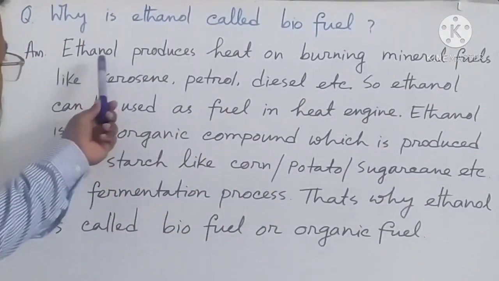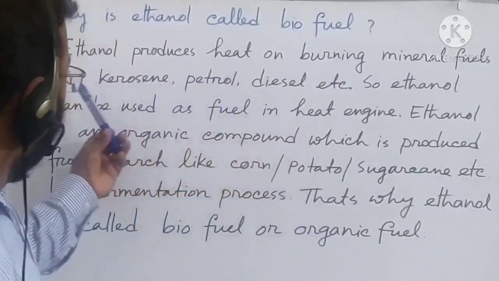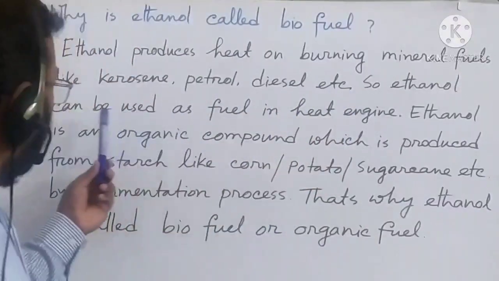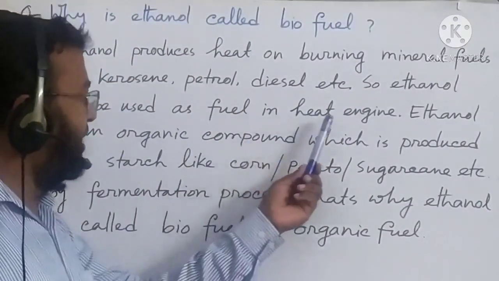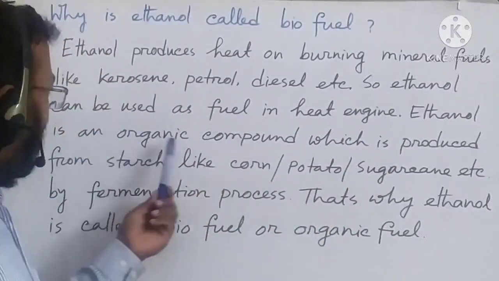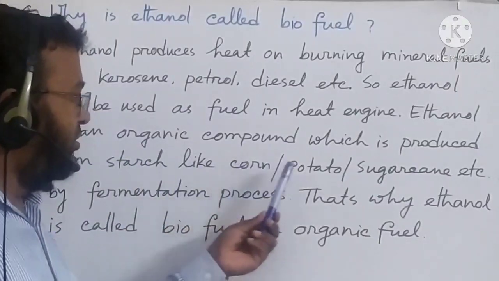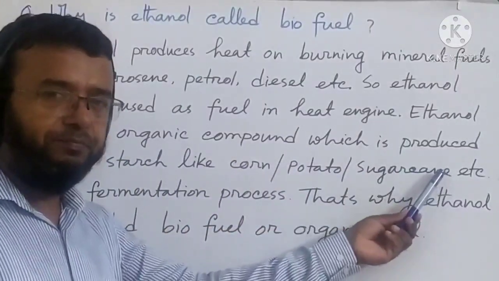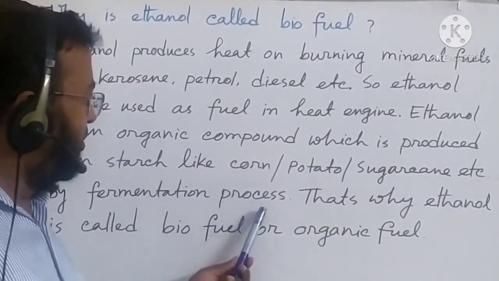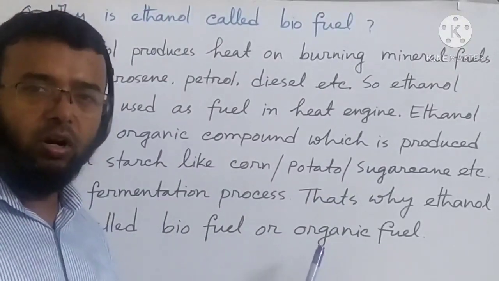Ethanol produces heat on burning like mineral fuels such as kerosene, petrol, diesel, etc. So ethanol can be used as fuel in heat engine. Ethanol is an organic compound produced from starches like corn, potato, sugarcane, etc. by fermentation process. So for this reason, ethanol is called biofuel or organic fuel.